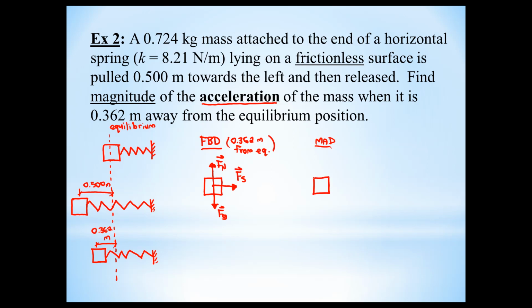Draw the MAD. Here's your mass. And if you have one net unbalanced force, then you've got to have your acceleration in the exact same direction. So your acceleration is also towards equilibrium. Let's write down the equation of motion. So look at the sum of the forces in the x direction. And this time around, they're unbalanced.